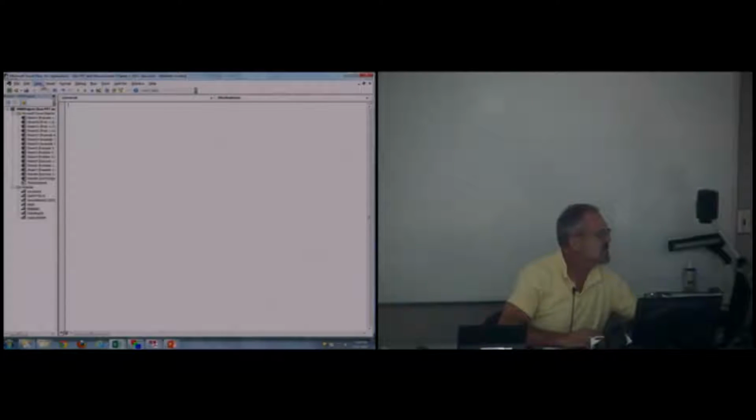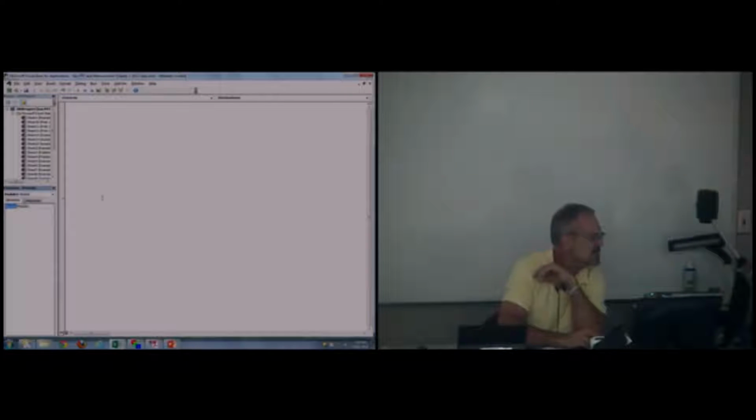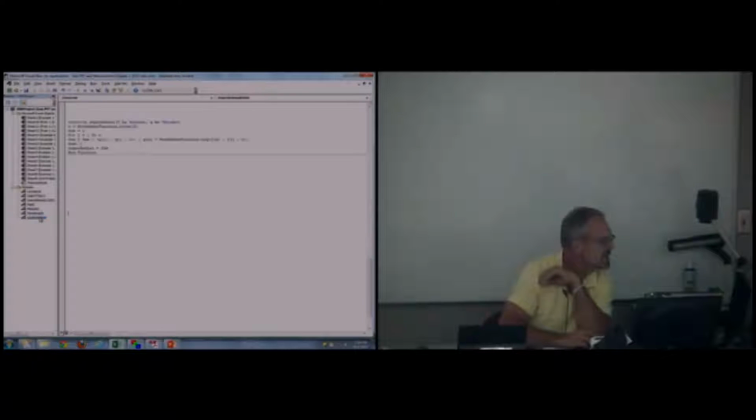If your Properties window is not open, hit View and hit Properties window. You don't want to be having modules named Modules 1, 2, 3, and 4 because you'll never know what they are. So create a module, call it Superposition, and then type in these lines of code.